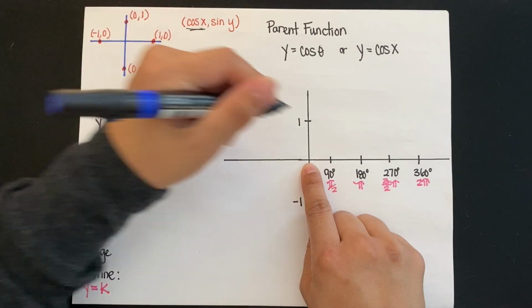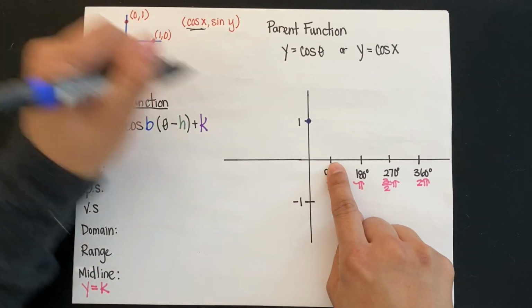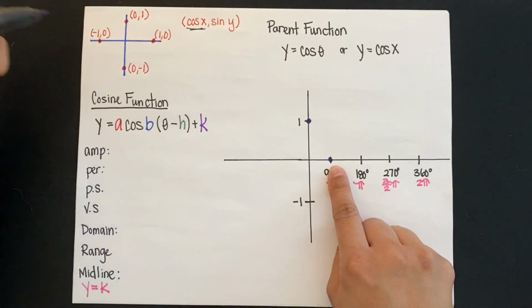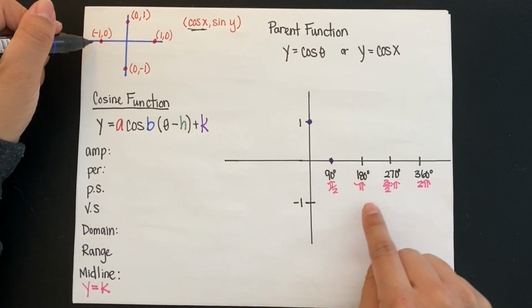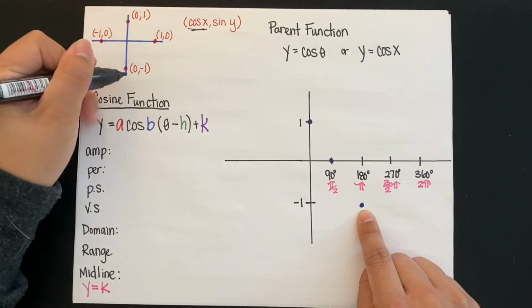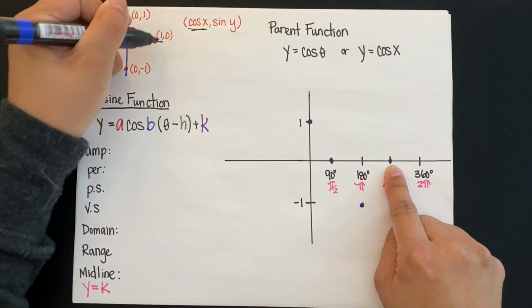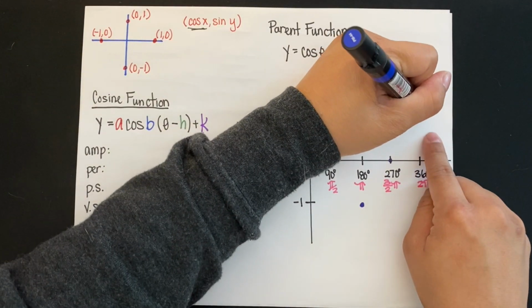So 0 is 1, 90 or 1/2 pi radians is 0, 180 is -1, 270 is back to 0, and at 360 it is 1.